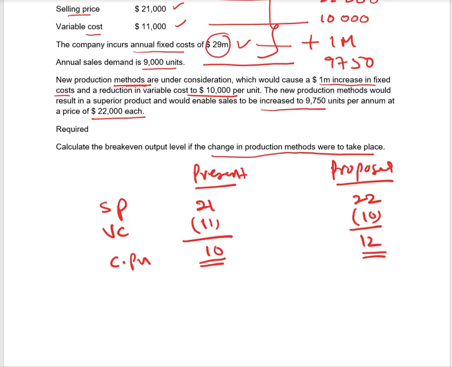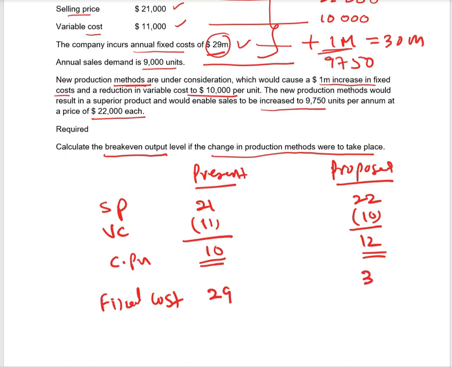Since you are required to calculate the break-even output, just take the fixed cost. How much is the fixed cost? 29 million under present scenario, and under the proposed scenario that will increase to 30 million, because this new production facility will increase the fixed cost by 1 million.